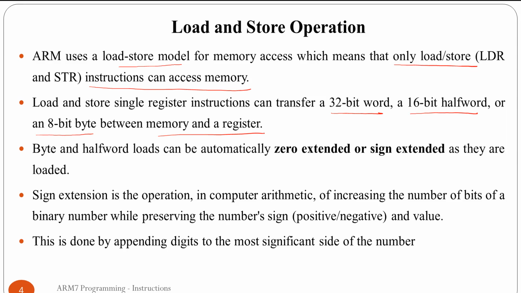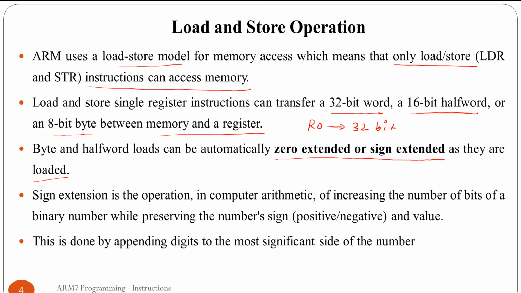So these load and store instructions can transfer 1 byte of data, 2 bytes of data, or 32 bits of data. Then byte and half word loads can be automatically 0 extended or sign extended as they are loaded. Now the important thing is all registers in ARM are 32-bit wide.